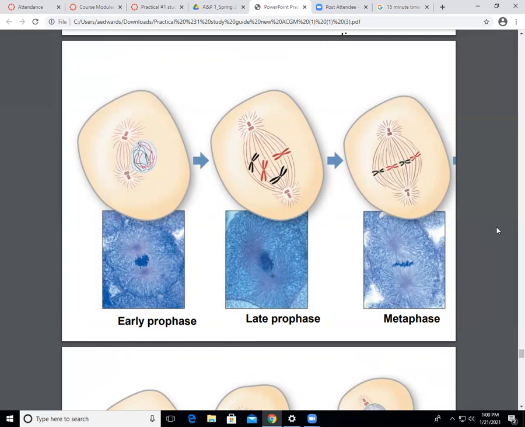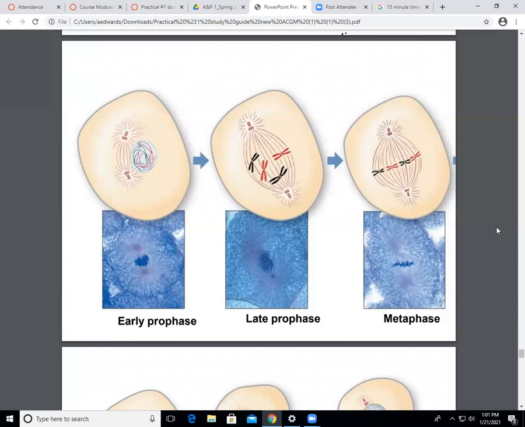Sometimes you'll see IPMAT, and we'll see anaphase, of course, before that. So during prophase, your DNA is kind of spread out. It's starting to condense, starting to get packed up, but you still can see the nuclear membrane. So if you see a nuclear membrane, you're still in prophase.